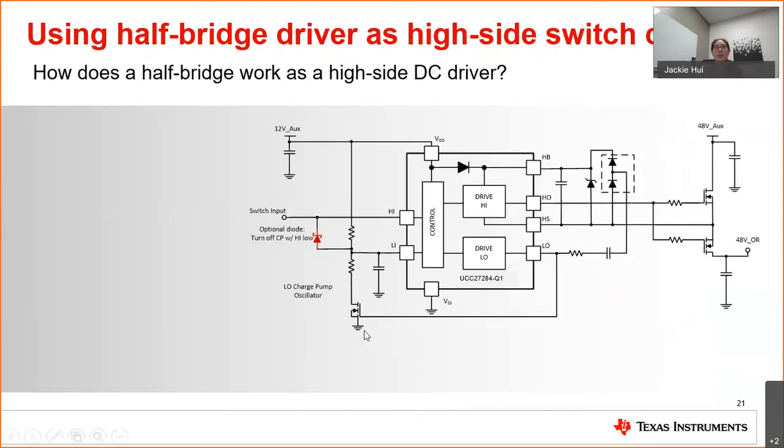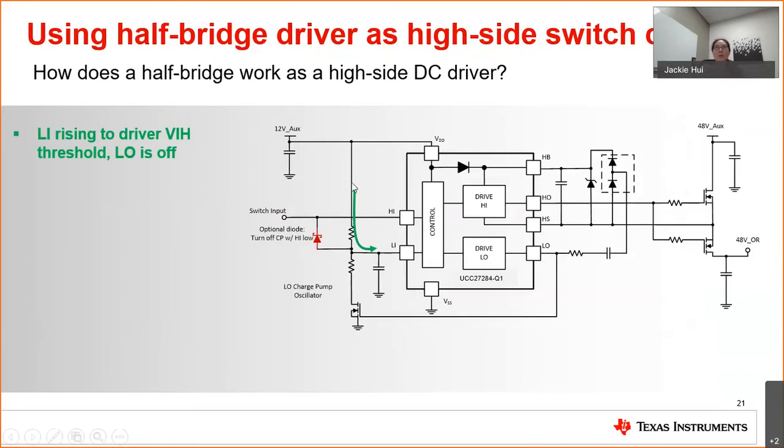So let's take a look first at how the self-oscillating signal is created. It starts with using the low side portion of the driver, with LO, the low side output, being off.